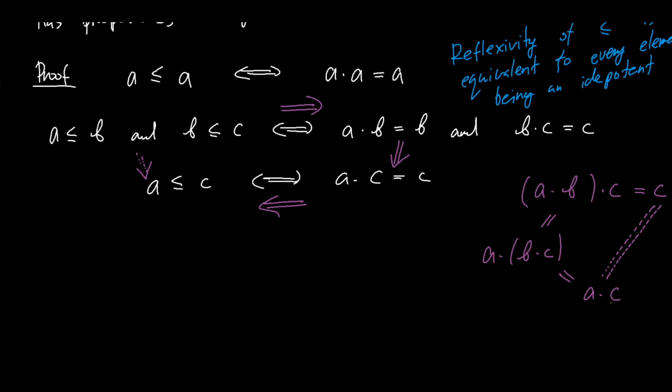This transitivity rule. So we can write this down. Transitivity turns out to be true for every monoid, not necessarily idempotent one.